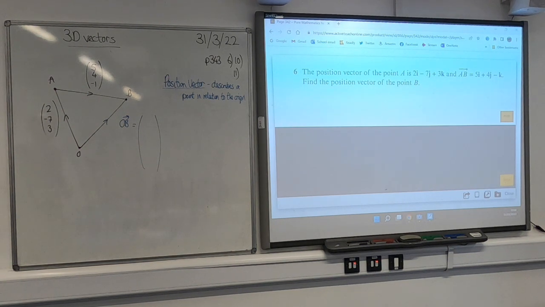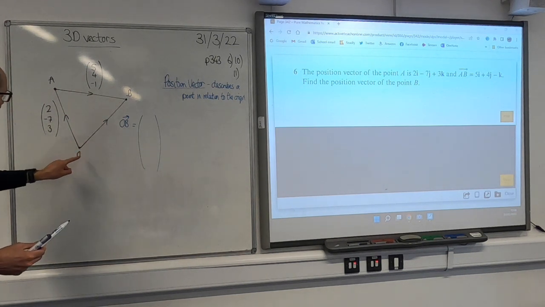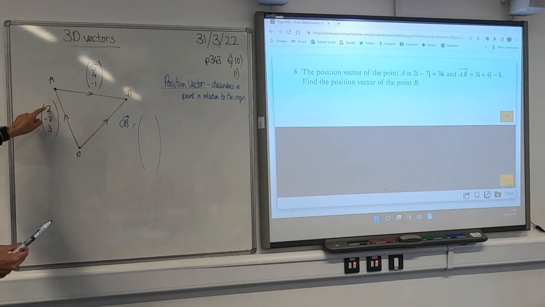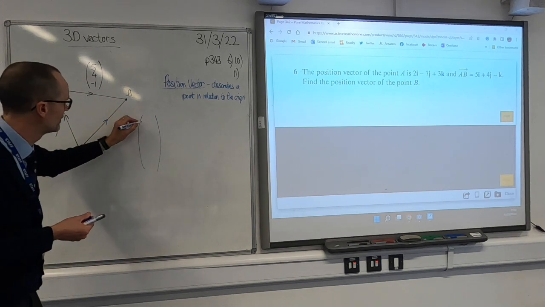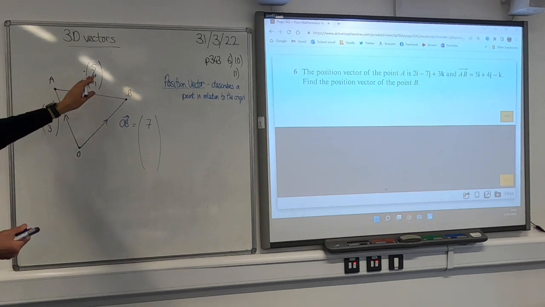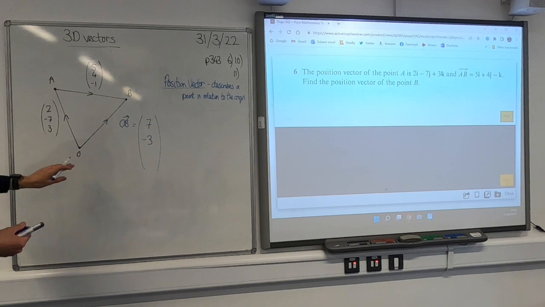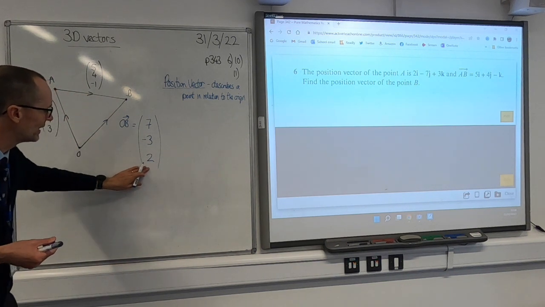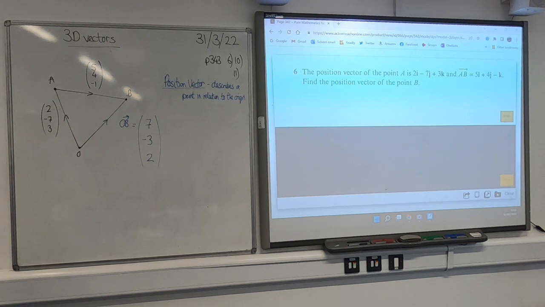I find it easier, this one, to answer it using my road analogy, so I can get from O to B by going along that road and then along that road. So it's 2 plus 5 and minus 7 plus 4 and 3 minus 1. So I find that easier in that case.